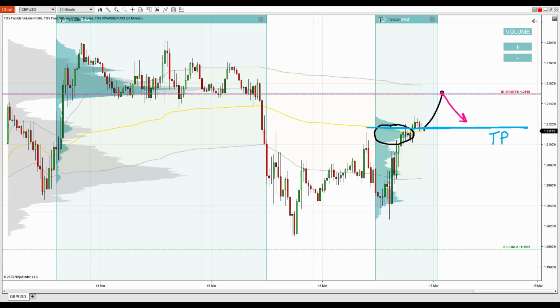You just need to look at the recent area where the price was going towards that resistance, and then identify the first heavy volume zone in line. In this case, there's also one thing.